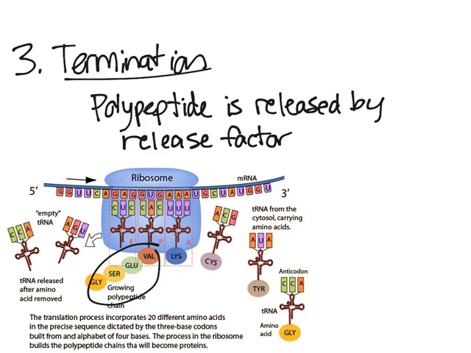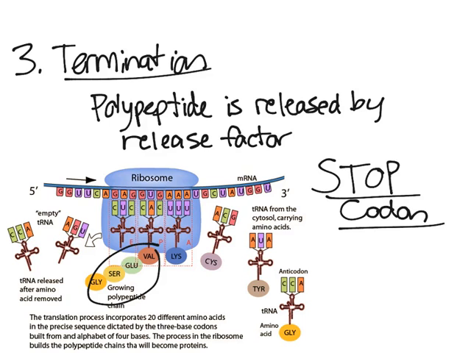And so more specifically, it happens when the ribosome reads a stop codon, and the stop codons vary. It could be UAA, UAG, or UGA. As compared to the start codon, there's only one, it's AUG.